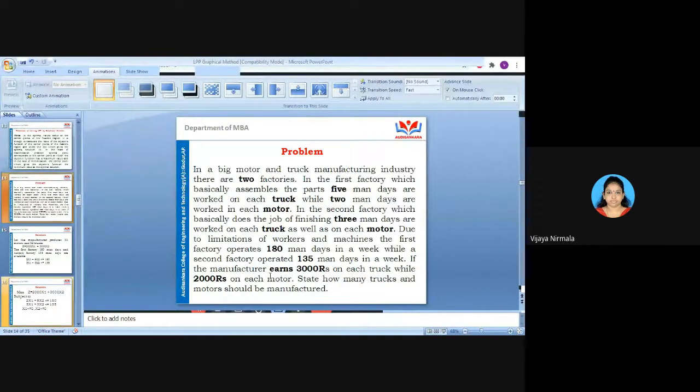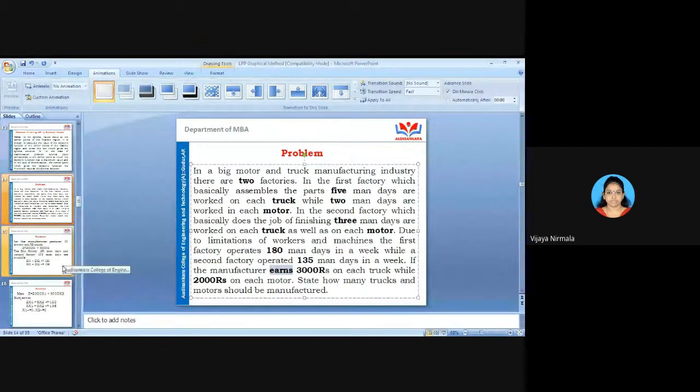Here they have given earns; the manufacturer earns, in the sense he is earning profits. So the profits are being given in the problem, and this problem is a maximization problem. Did you understand that?